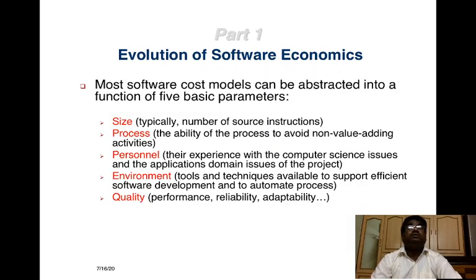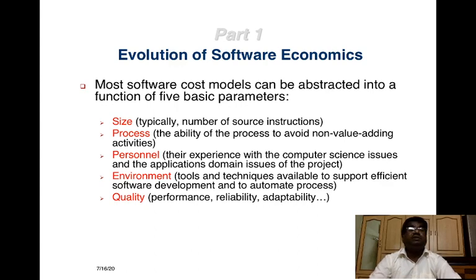Now, software economics. Before building any software project, the top level management, software managers, and software architects should estimate 5 essential parameters: size, process, personnel, environment, and quality. Size is the number of lines in the project.